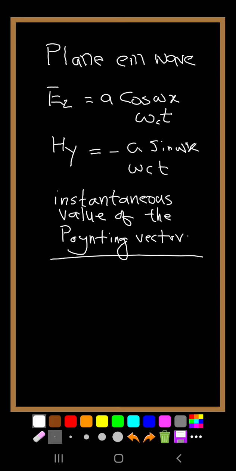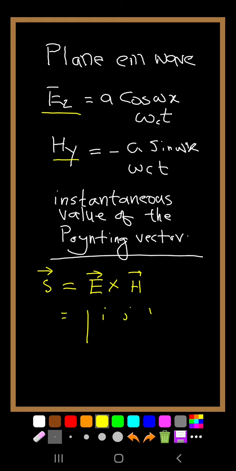Now to find it out, what we have to do is the pointing vector S is E cross H, and so we do the cross product of E and H. That means it is i j k into this component into this component.